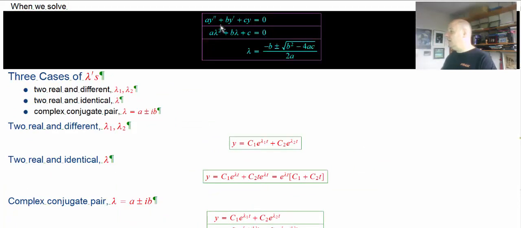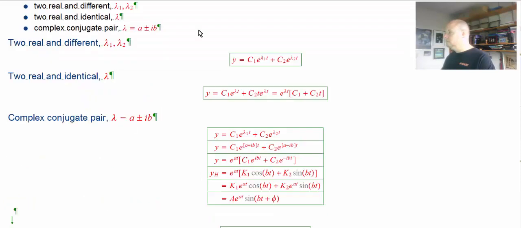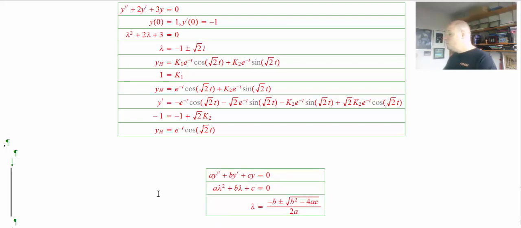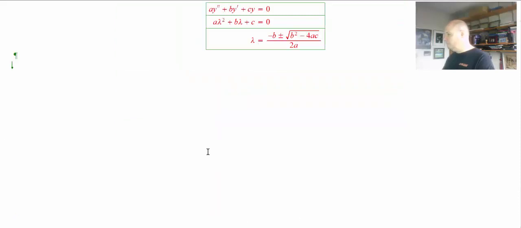because this is the general case. These are our eigenvalues. And I want to show that if A and B and C, this A, this B, this C, are positive, then the eigenvalues always have negative real part. So we've got our 3 cases.